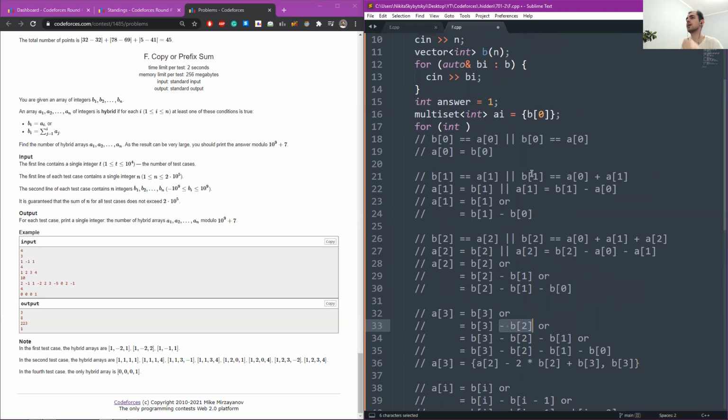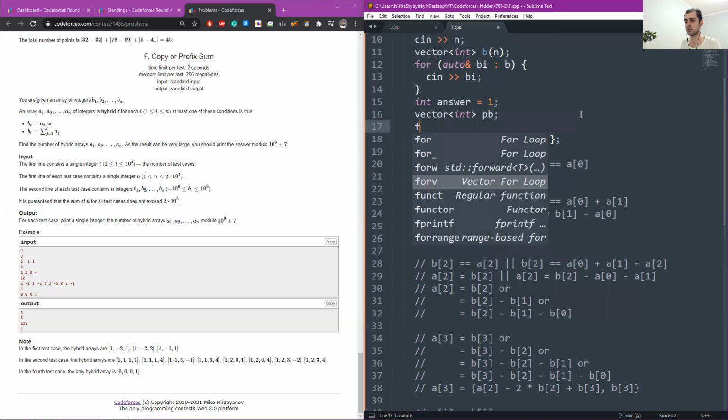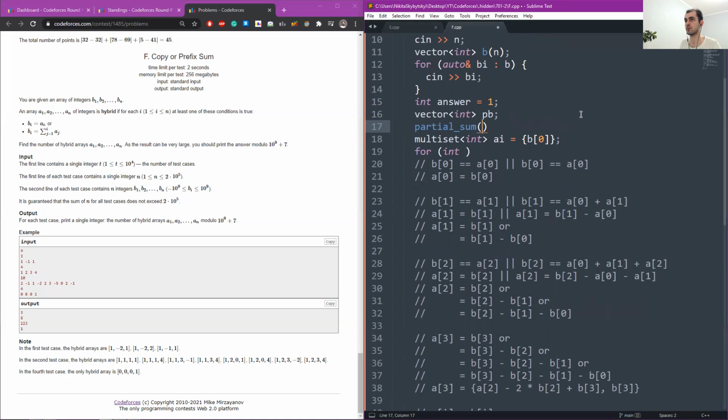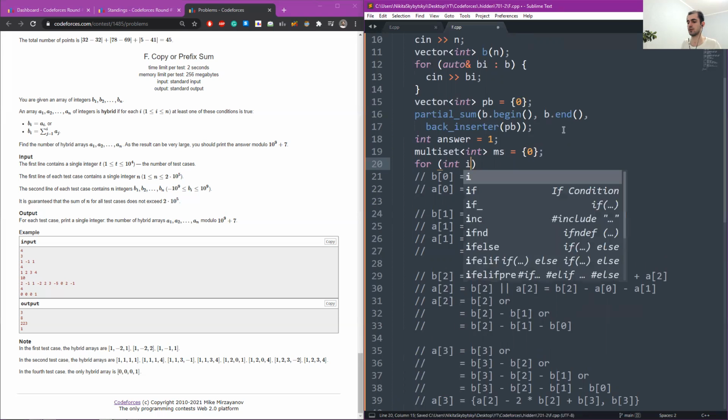And here you have, yeah, you are happy with prefix sums of B. So these are not the real values of A_i, okay? Just to clarify.